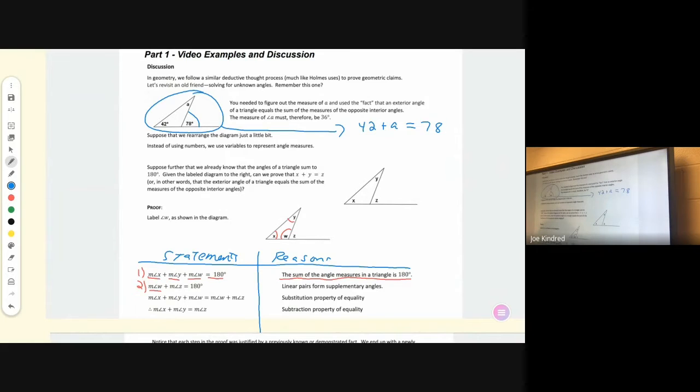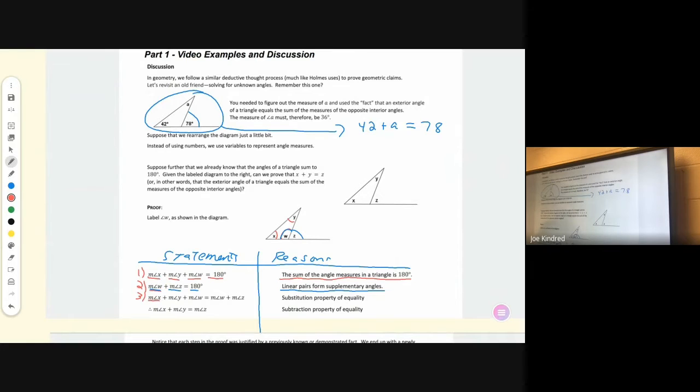W plus Z is equal to 180, and the reason: linear pairs form supplementary angles. So we know that to be true. Statement 3. And this is where it gets to be like a puzzle. You're trying to put together a strategy.